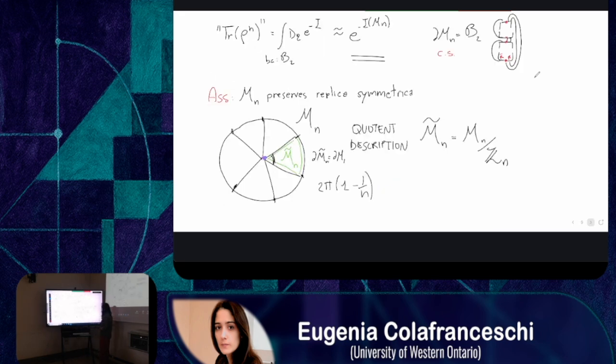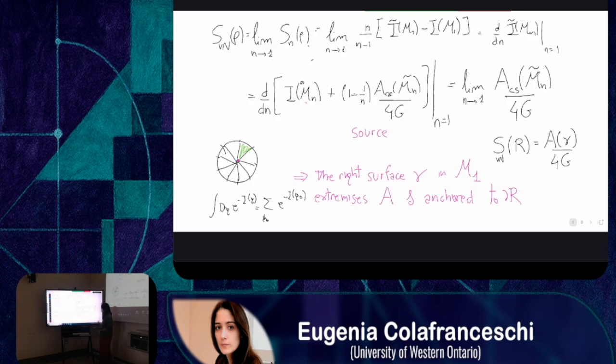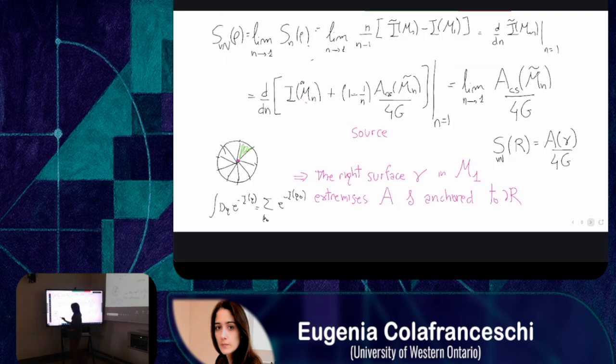Thanks to this splitting surface, this conical singularity, we recover a contribution which is the area of a certain surface gamma, which, when we look at the computation with the many replicas, is indeed the surface here, the point which is invariant under the symmetry.